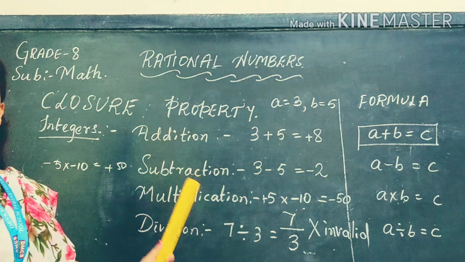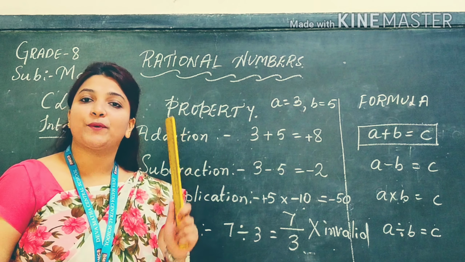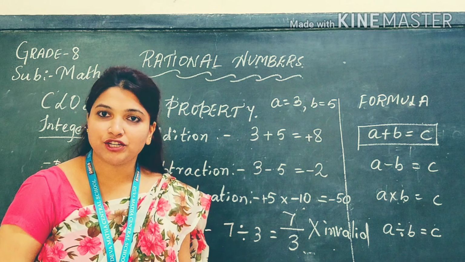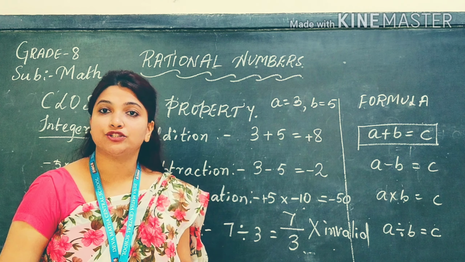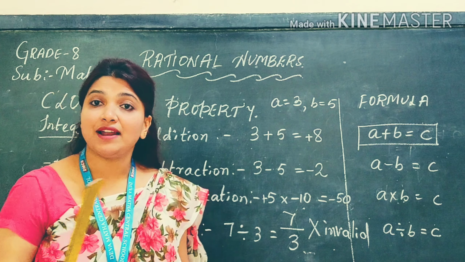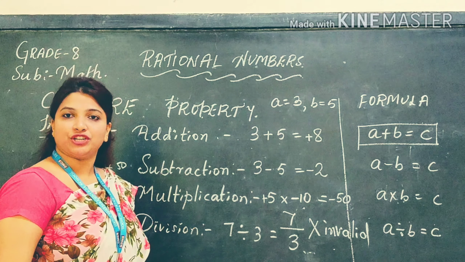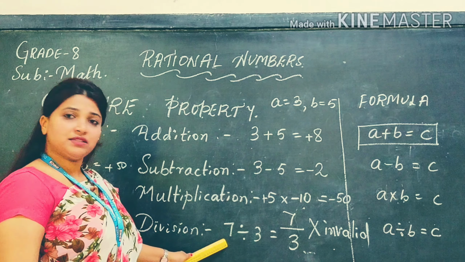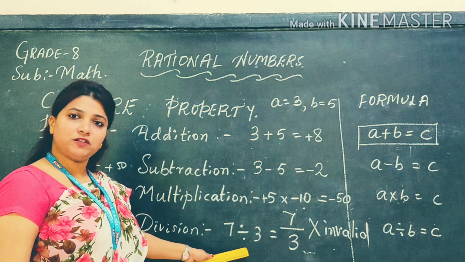Alright, so when I am considering integers, closure property is valid only for addition, only for subtraction, only for multiplication, but it is invalid for division. Why? Because something divided by something. See, this is an integer. This is also an integer.